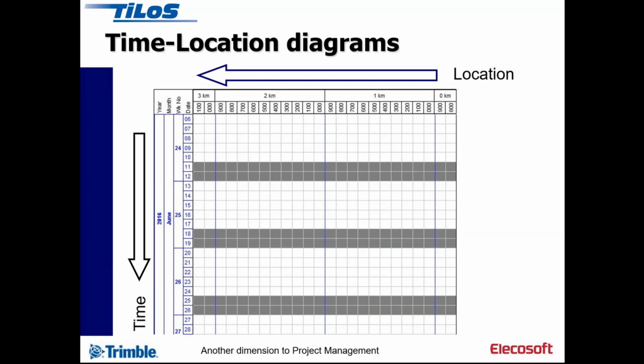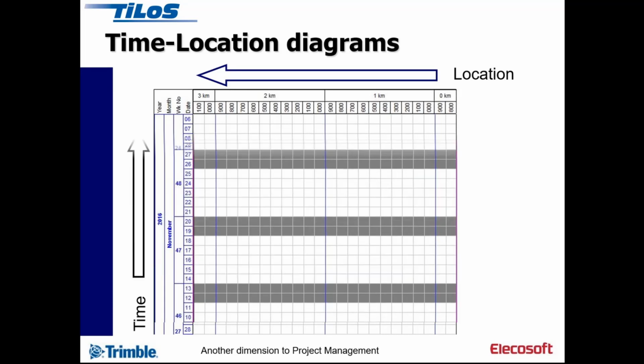So you might want to be planning to demonstrate that you're doing this railway from London to Brighton, or you might want to show it from Brighton to London, so we can just reverse the axis. Same with time. You could have the start at the top and cascade down to the bottom, which is probably the most common, but some people like to have it the other way up.